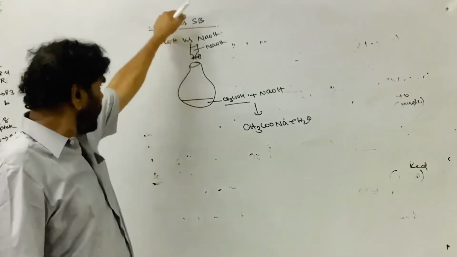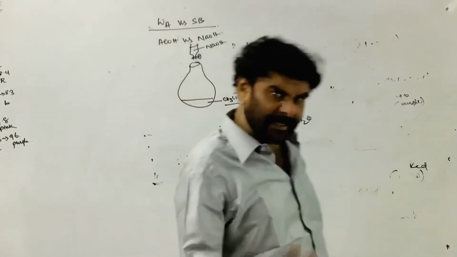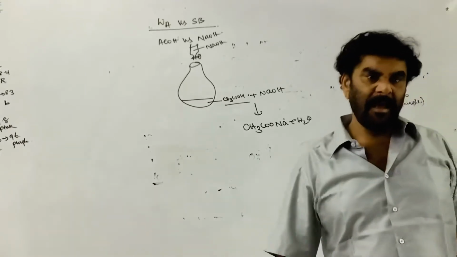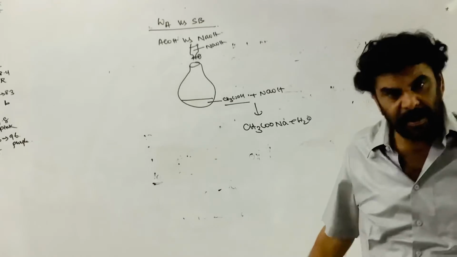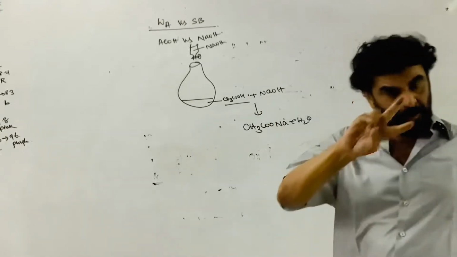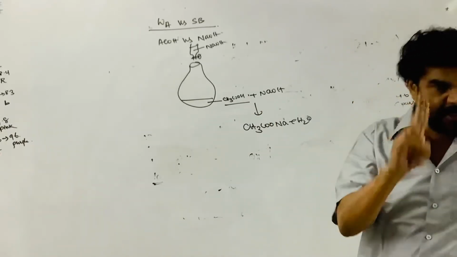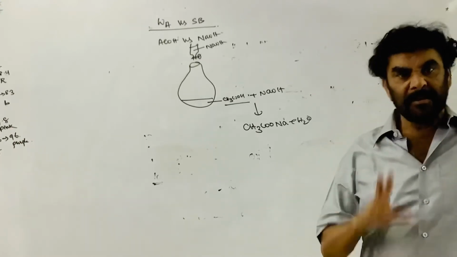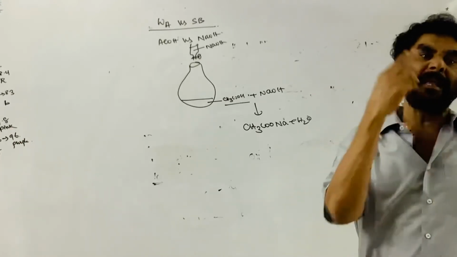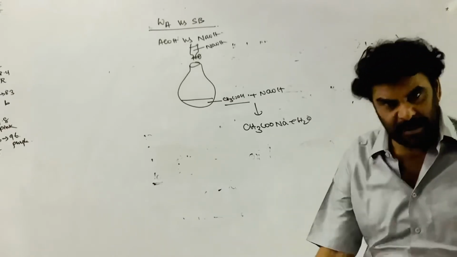Therefore, during the titration, initially it is the weak acid. On addition of the sodium hydroxide, it is converting into the salt of acetic acid. Now it becomes a mixture of acetic acid and sodium acetate. The weak acid and salt of the weak acid mixture acts as a buffer system.